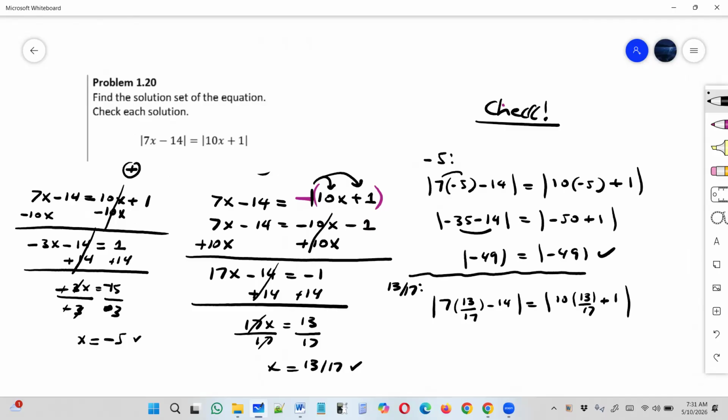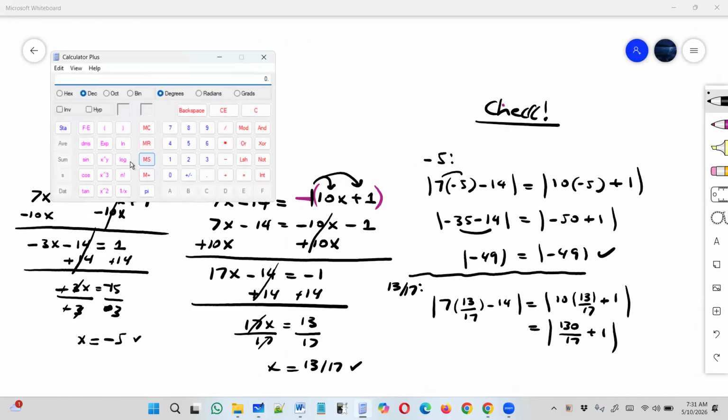All right, so you might need a calculator for that. I can take a look at the right side, which seems easier. So this is going to be 130 over 17 plus 1. And who knows what that is? I need a calculator for that. So here's my calculator. So 7 times 13, 91 over 17.